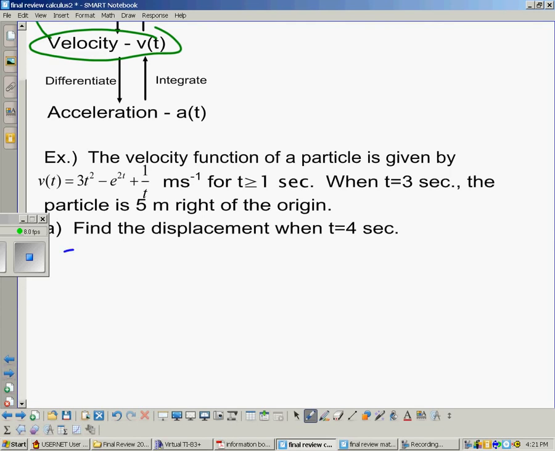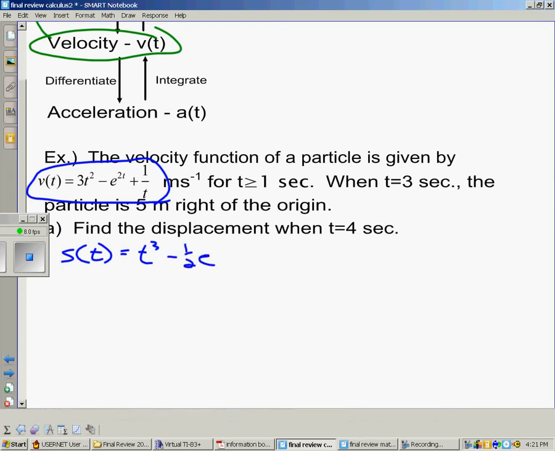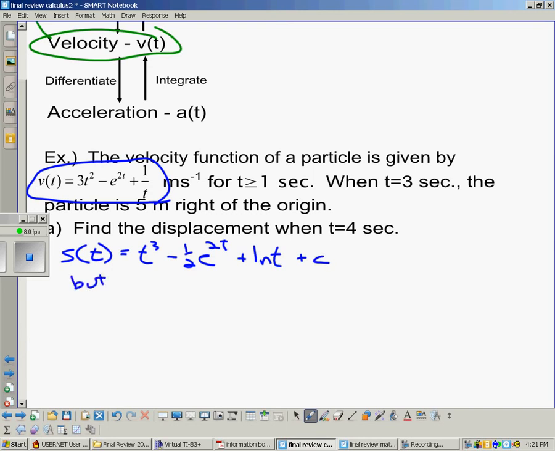So let's do it. S at t, our displacement function, is going to be the integral of this one, or the antiderivative. So we get t cubed minus half e to the 2t plus ln t plus some constant of integration. But we know something.